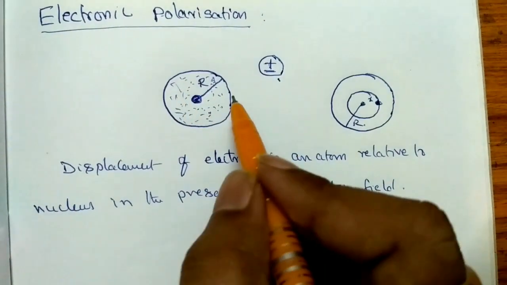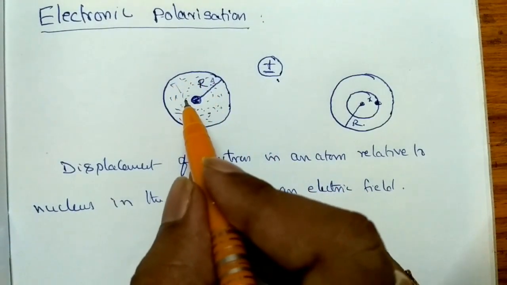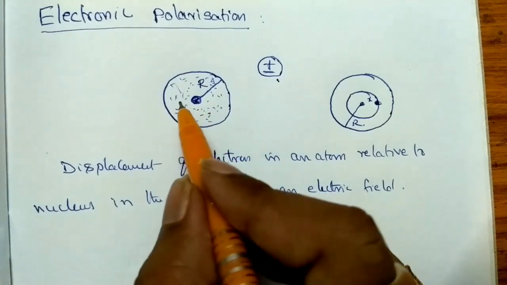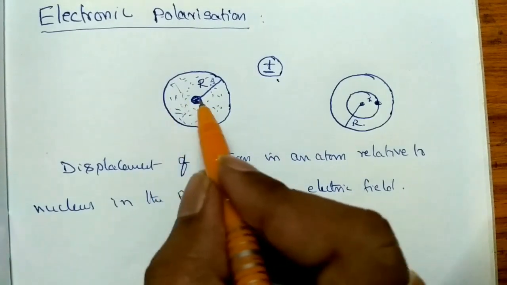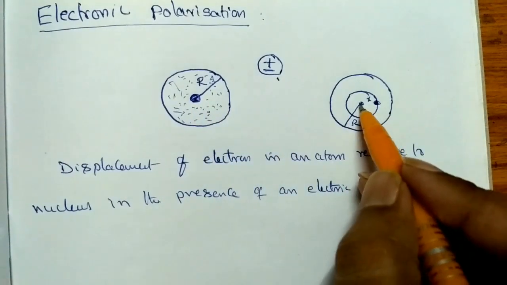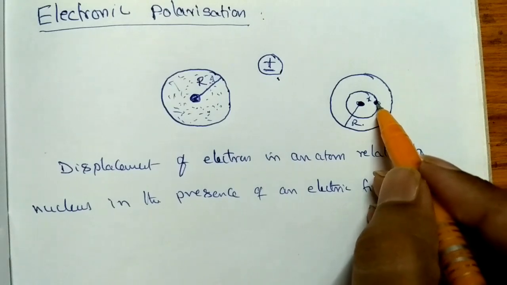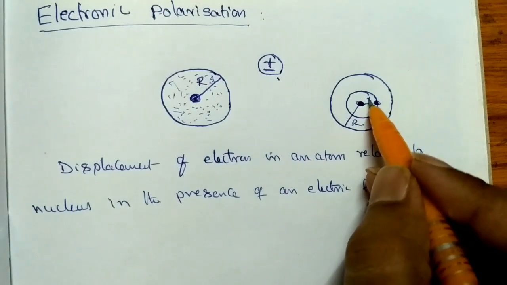Okay. So now by placing this sphere in the electric field, this electron cloud gets displaced from this place like this. This is the center of the nucleus. This is the center of the electron cloud. It is displaced by x.